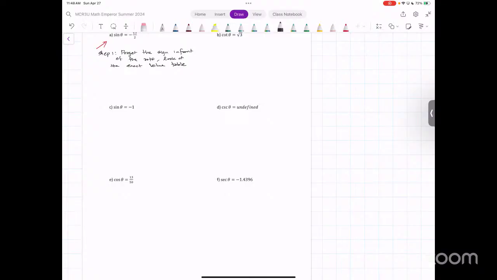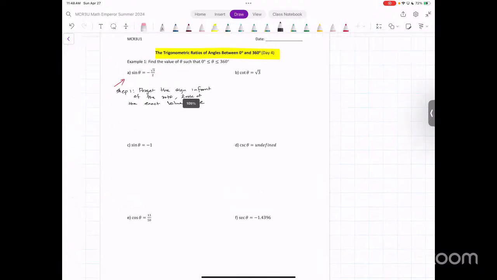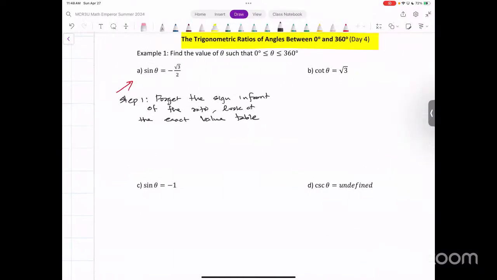All right. So while the printing is coming out, we're going back to see how to solve this. Forget the sign in front of the ratio. Look at the exact value table for sine and find the angle that gives root 3 over 2.